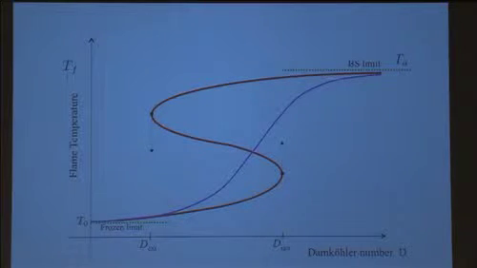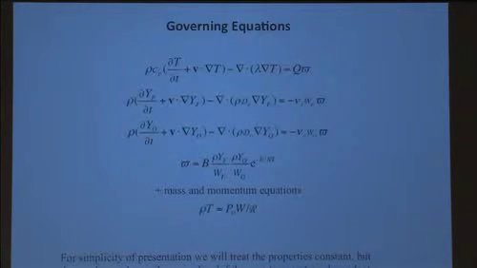Typically in problems like the counterflow, and in many of the diffusion flame problems, the response curve is more like the red curve rather than the blue curve. So it's typically an S-curve shape with this ignition-extinction behavior. And this is just to recall that the Damköhler number is inversely proportional to the strain rate.